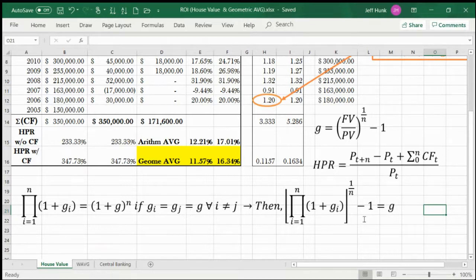You should get used to math, to algebra, to be successful in this class. There's no way you can be successful in finance and economics without being at least comfortable with this level of math.